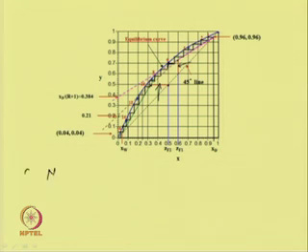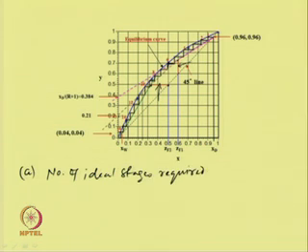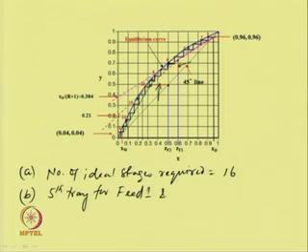We can see the number of ideal stages required is equal to 16, and the first crossover occurs at plate number 5, fifth tray for feed 1, and ninth tray for feed 2. So, these are the feed plate locations.